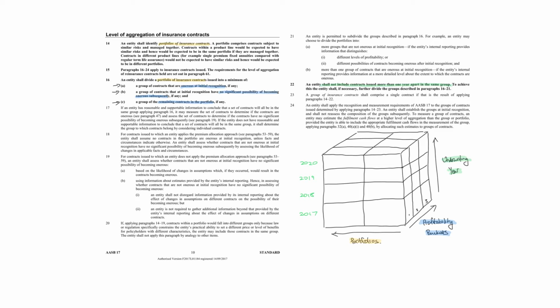And the profitability buckets would represent onerous. Over this way, no significant possibility of being onerous on subsequent measurement, and this is other.